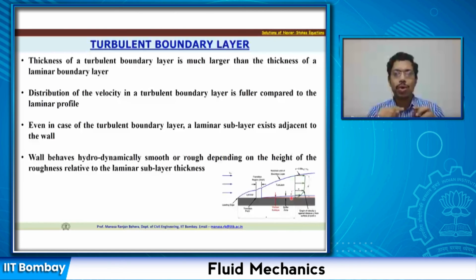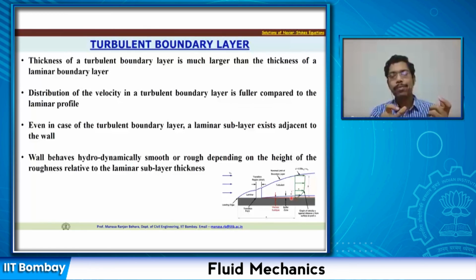If there is some undulation in the wall, with a roughness height that is felt by the laminar sublayer, then it behaves as rough. If that is not felt by the laminar sublayer, then it behaves like a smooth wall. And why is it important? Because in the laminar sublayer you have a very high velocity gradient, and this very high velocity gradient gives a very high shear stress.